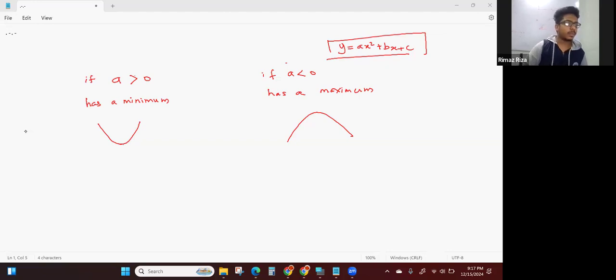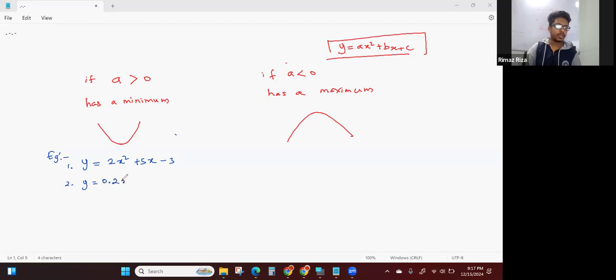So let's see some examples. So I can write y equals, the only thing is a has to be greater than 0. So the coefficient of x squared must be greater than 0. So I can write 2x squared plus 5x minus 3. That's one example. The second example, y equals 0.2x squared, because this is also a plus number, no?